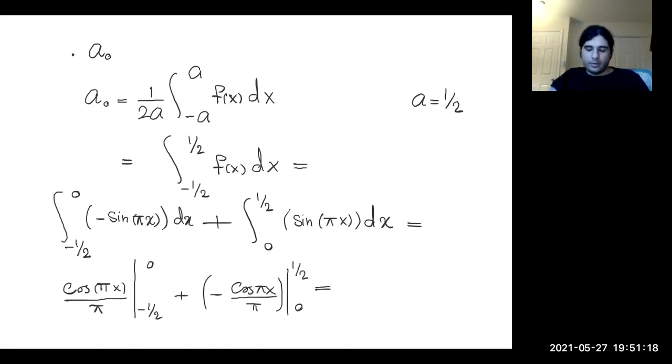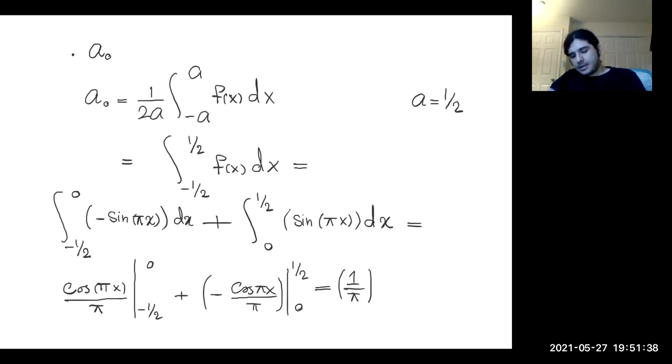Now, cosine of 0 is 1, so we would get 1 over pi, and cosine of pi over 2 is 0. So from the first term, we just have 1 over pi.